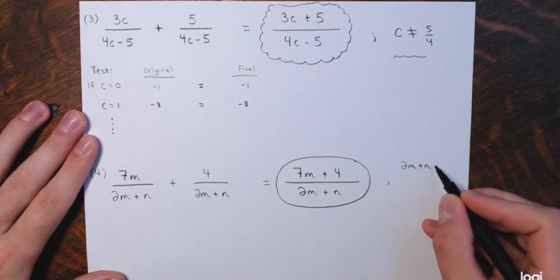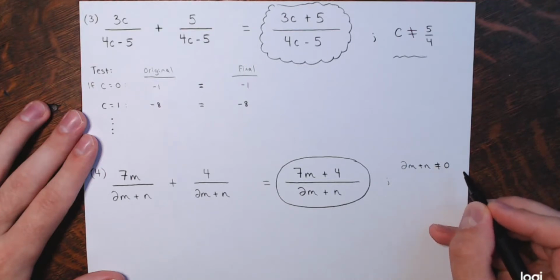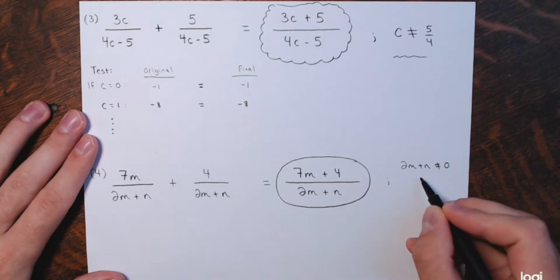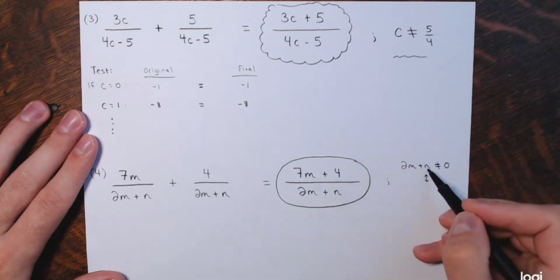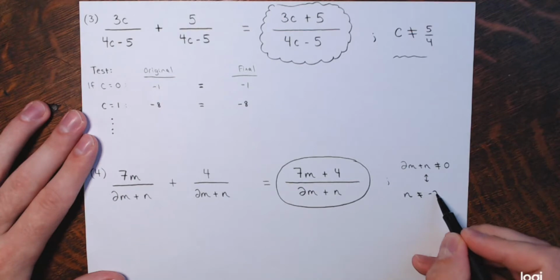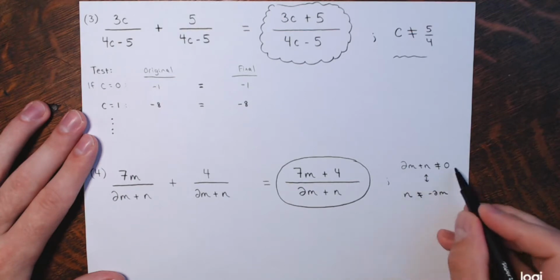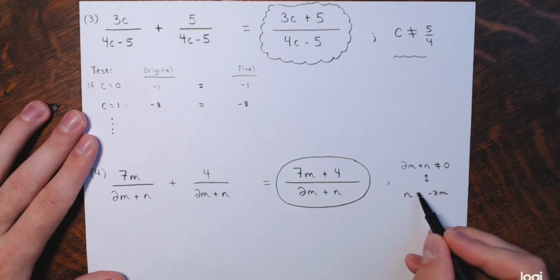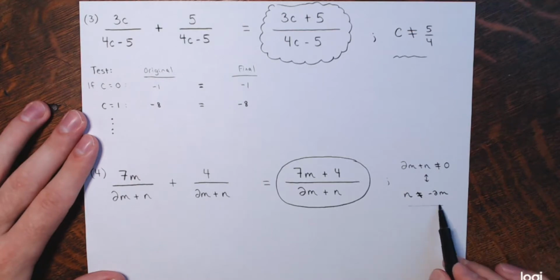Right, so that tells me that 2m plus n can't be 0. Or, if you solve for n here, the value of n cannot be -2 times the value of m, kind of subtracting 2m here.